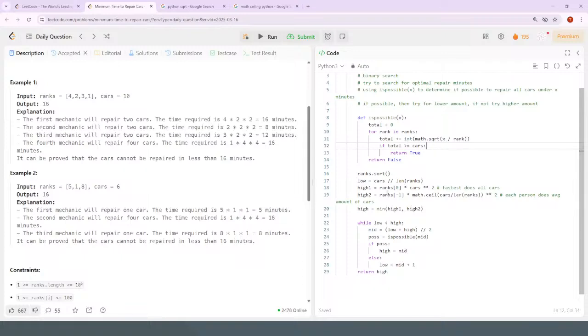So when you have ascending sorted ranks, is there a possibility where at the end of the array of ranks you don't increase your total because your number of minutes that you're trying is so small?